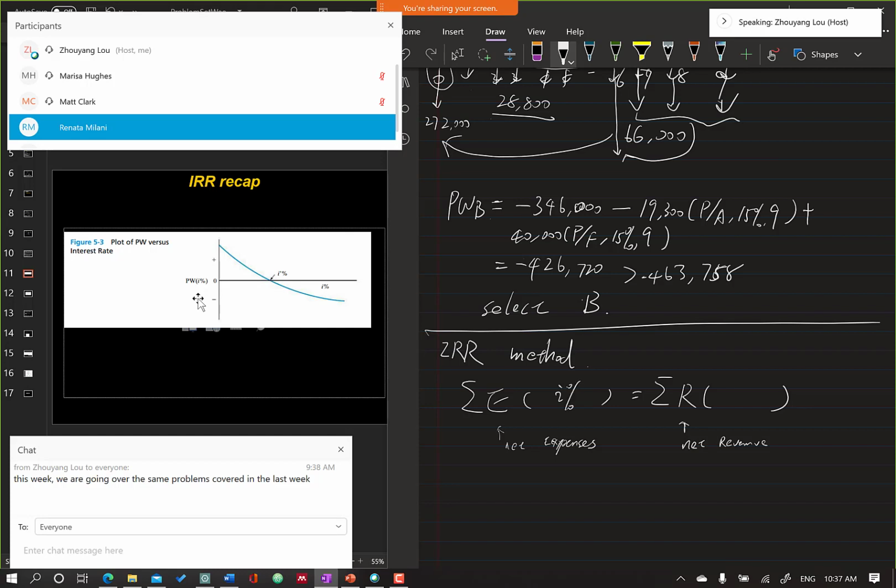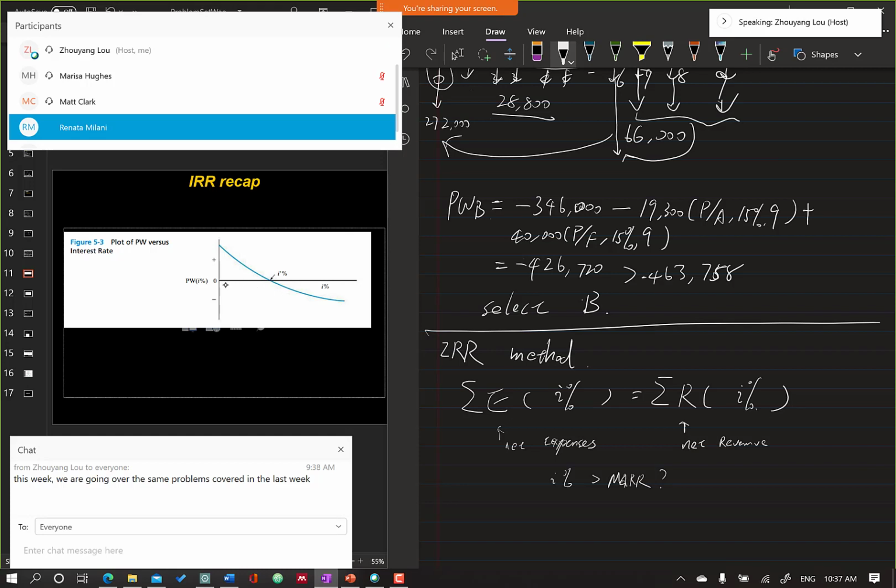And here we want to find what interest rate makes them equal, and then check if that interest rate is greater than or equal to the given interest rate, and we can make a decision. So that is just what has been shown in this graph on the left.